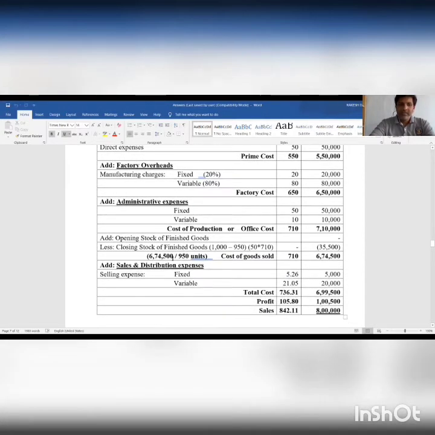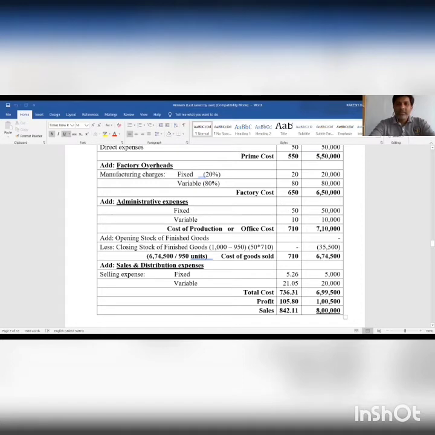Then we add administrative expense or office expense. There is also a variable nature and a fixed nature. As per the data given in your question, there is rupees 50,000 as a fixed expense and rupees 10,000 as a variable expense.